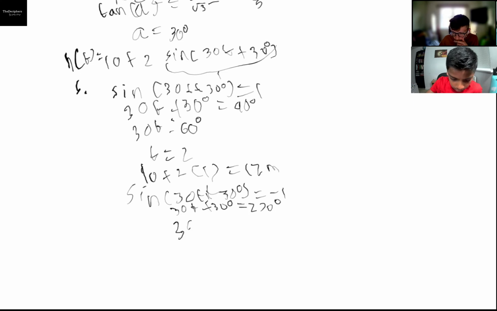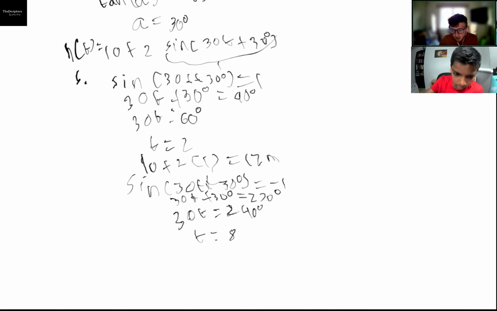So 30t is 240 degrees, t is 8. So it's low tide at 8 o'clock.